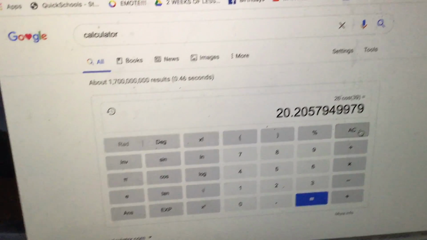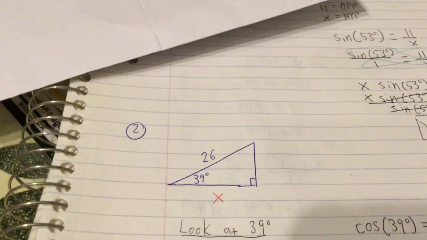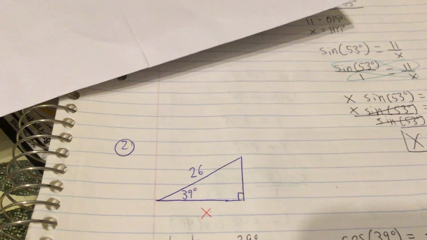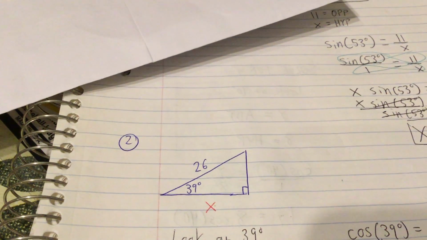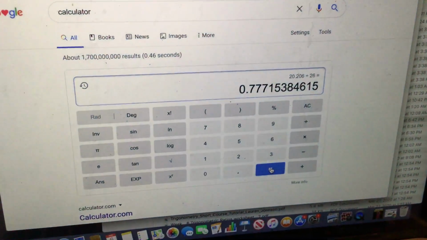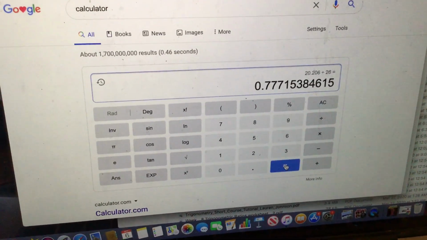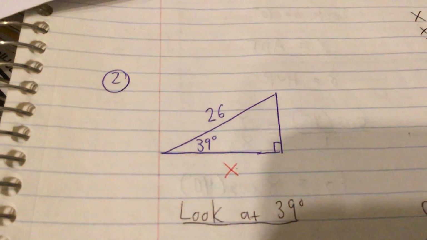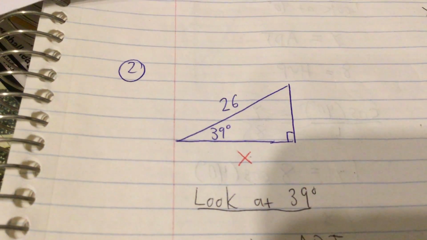But what if you don't know if you got the correct answer or not? Well, you know that x is 20.206. So I do 20.206 divided by 26, whatever that decimal is, 0.777153, and so on. And I'm going to compare that to the cosine of 39 degrees.